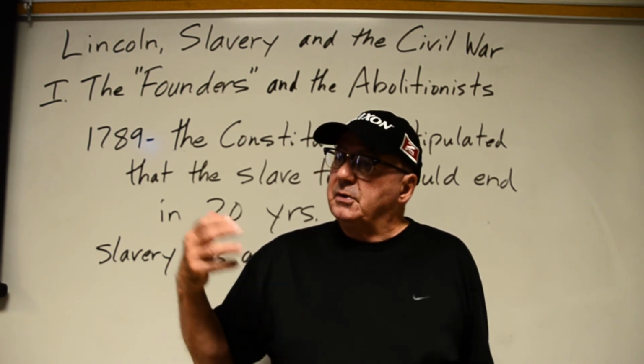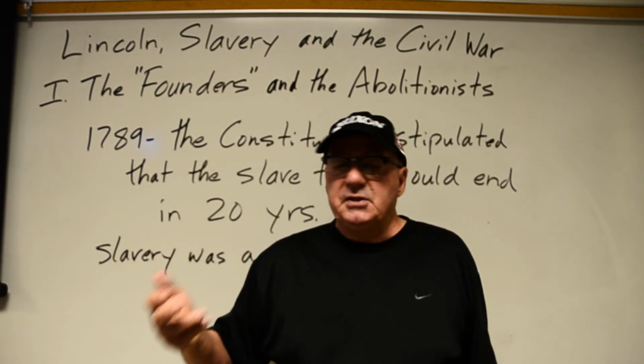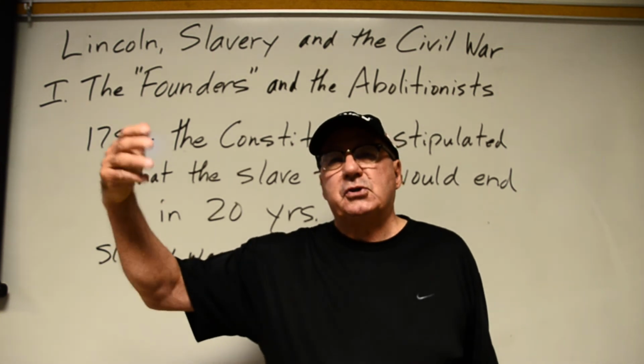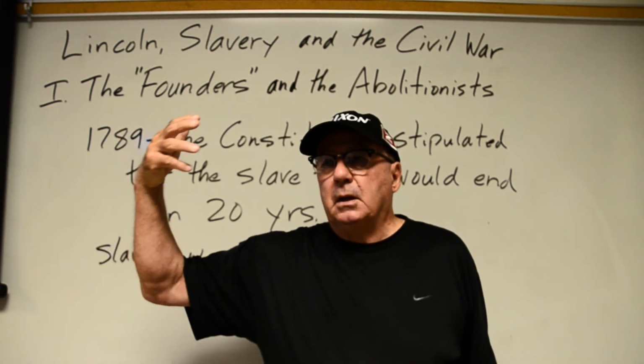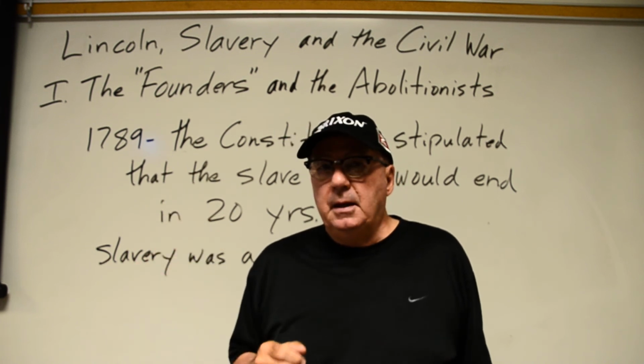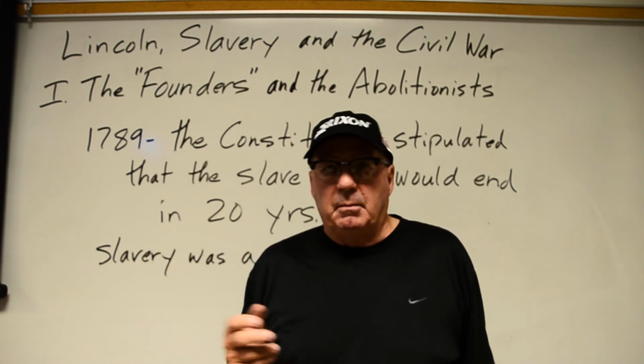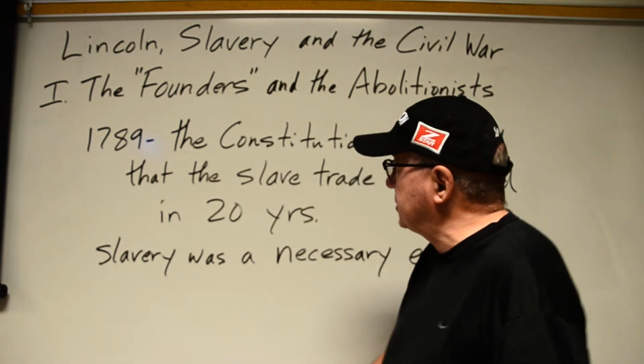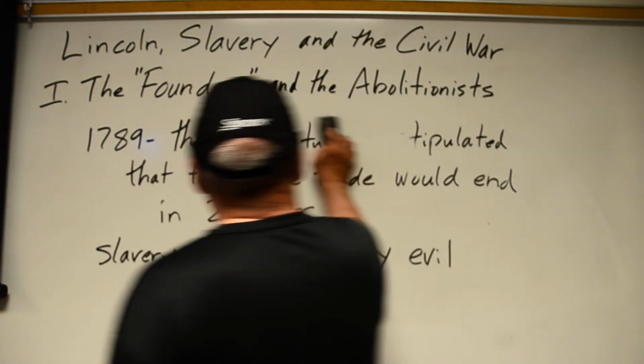So what the founders did, I think, is indicate that one day slavery would have to be abolished. They couldn't do it at this time, and so they put the issue on the back burner. That's the founders. Now, here's the next group.